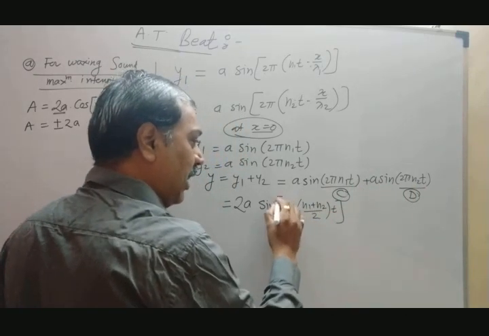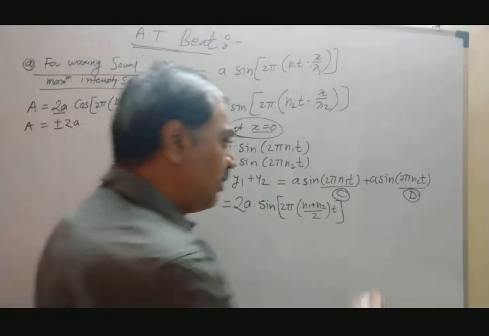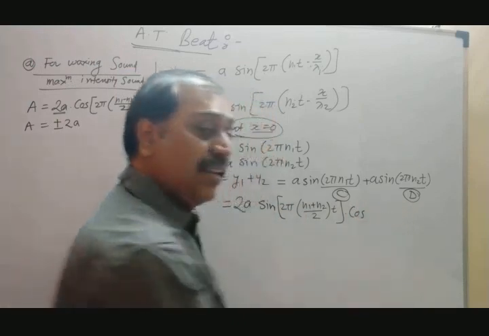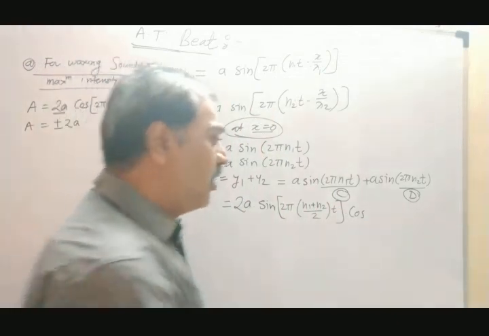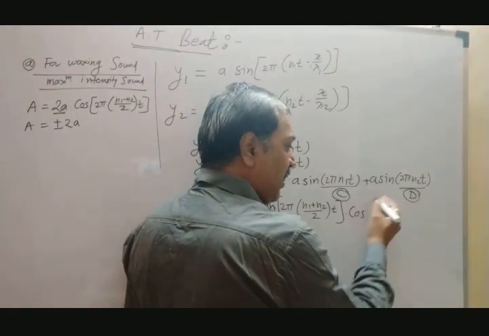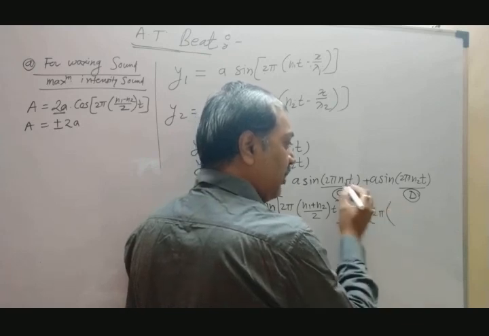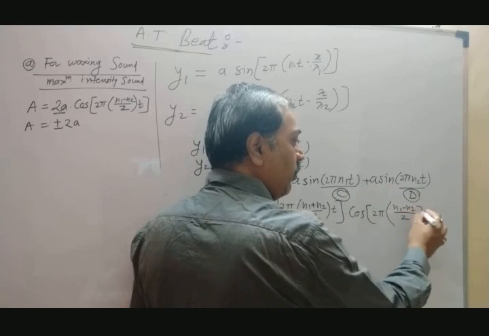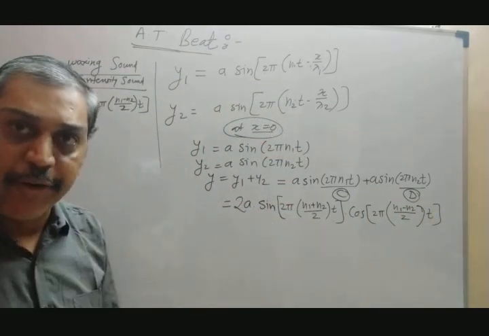So we can write the equation like this: twice A sine of (C plus D) by 2, into cos of (C minus D) by 2. Twice we have already taken initially. So cos of 2 pi in the bracket (N1 minus N2) divided by 2, and outside the bracket it is T. This is according to that formula.